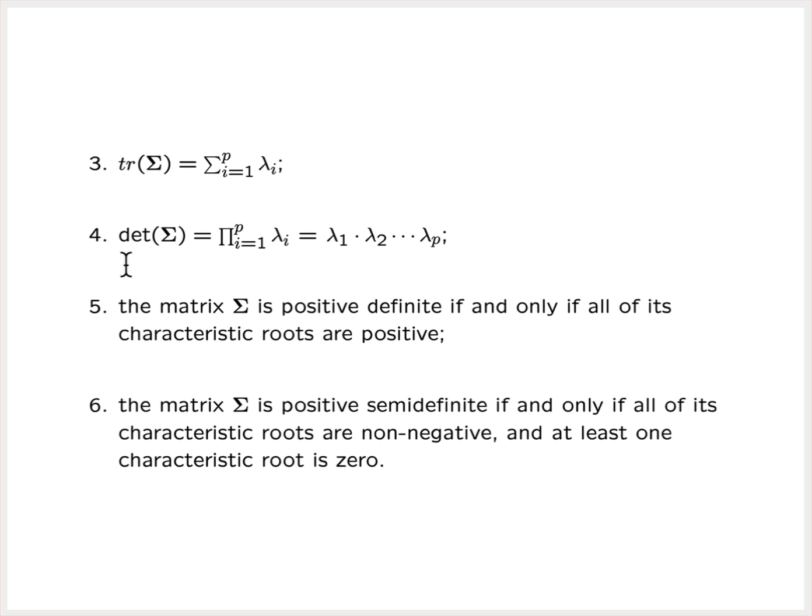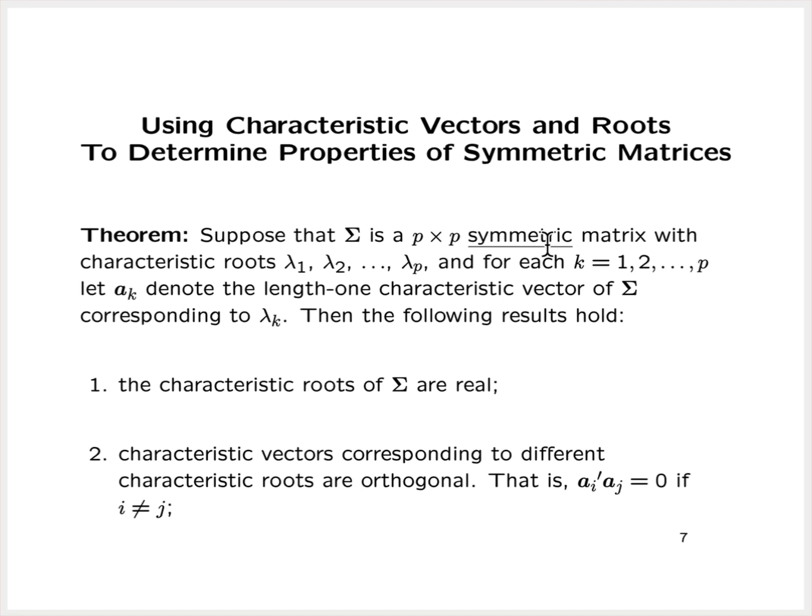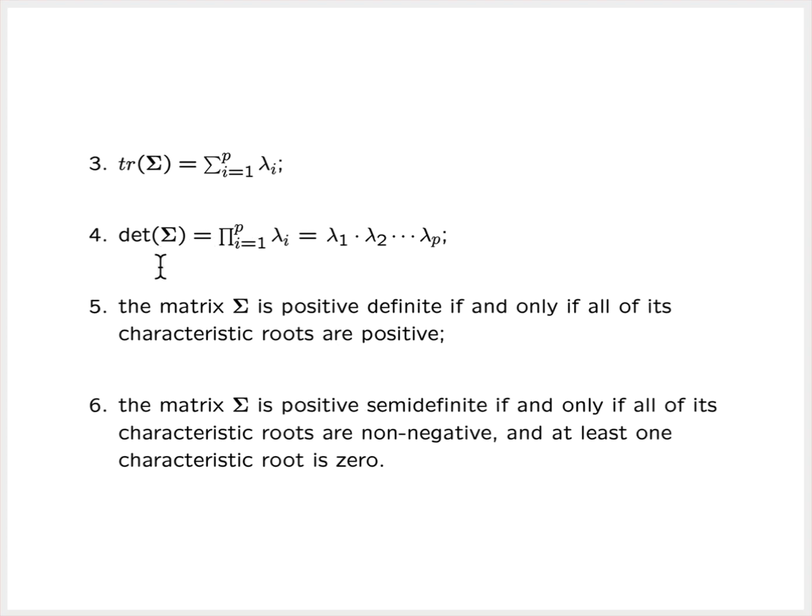There are other ways to calculate determinants using formulas besides the definitional formula, but typically all the different formulas for calculating determinants are very time-consuming and very complicated. But if we happen to be in this situation where we've got a p by p symmetric matrix, then the determinant of that matrix is equal to the product of its characteristic roots.